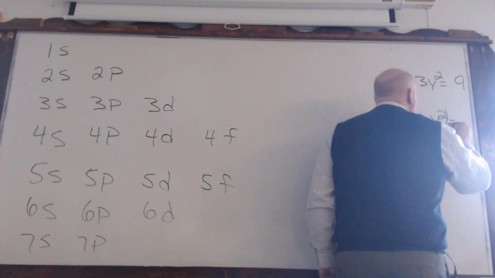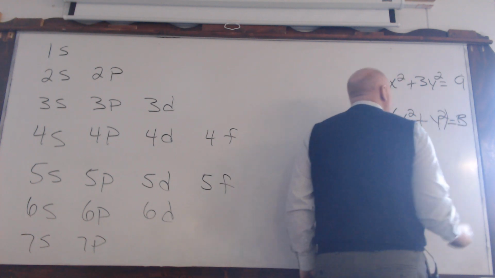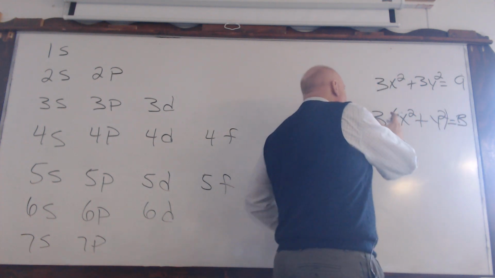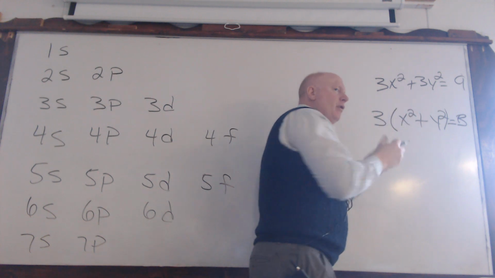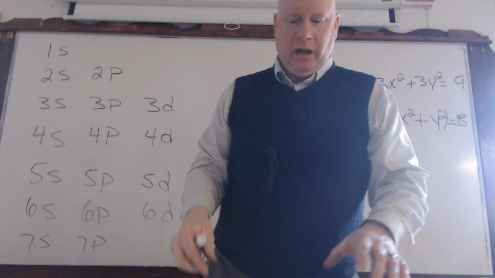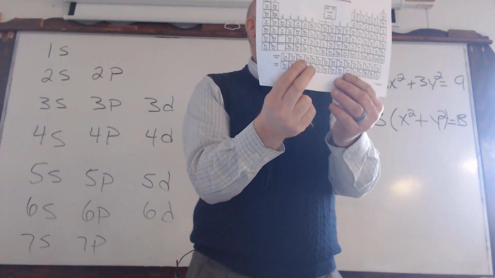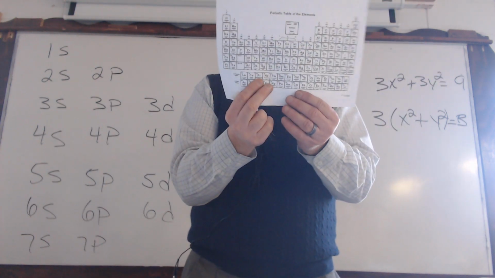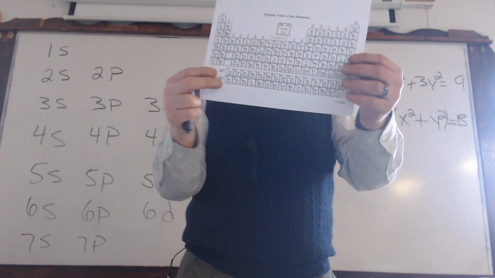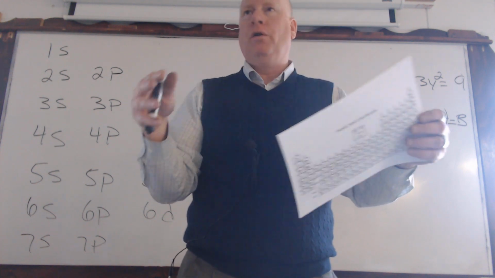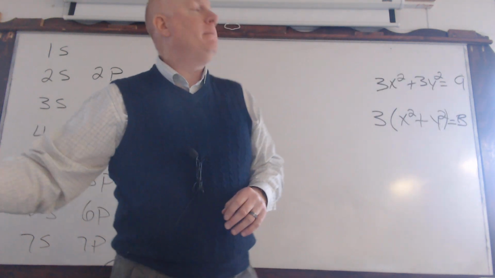Equals 3. Okay? So what you're doing is you're pulling a factor of 3 out of there. So that's what we're doing here. It's kind of like pulling a factor of 3 out of here and putting it on the bottom. It just makes it more convenient to put it on a piece of paper like this. That's the only reason why. Okay.